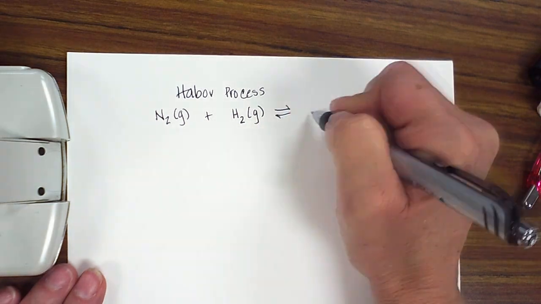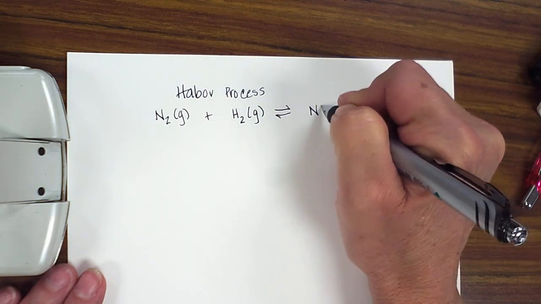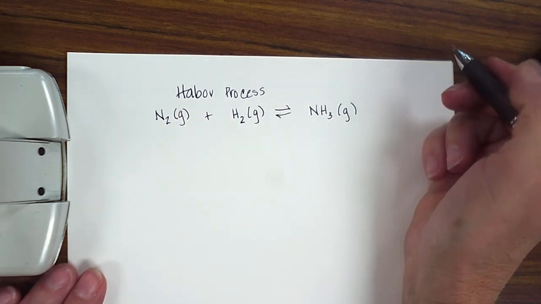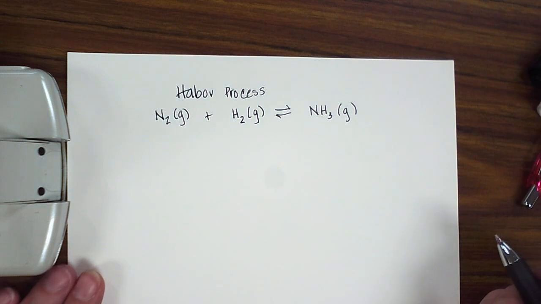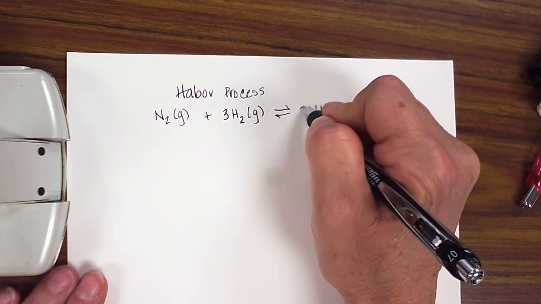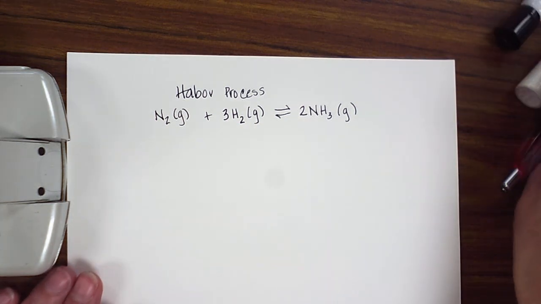And it's reversible, which is nice because it allows us to use that in many different units. And the other thing is all of the coefficients are different. So 1, 3, 2 will balance this equation.